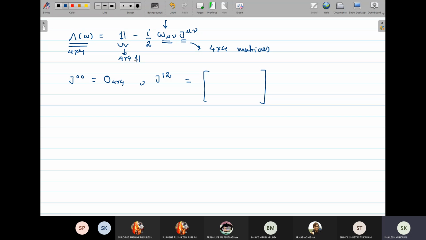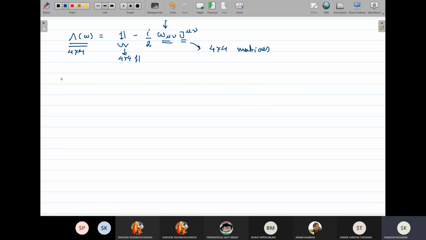This is a 4 cross 4 matrix, so this must be a 4 cross 4 matrix for each mu and for each nu. Because this omega mu nu is antisymmetric in mu nu, this will be antisymmetric in mu nu. So how many independent matrices should I have? Let us list them out.